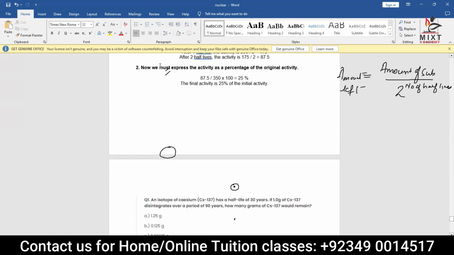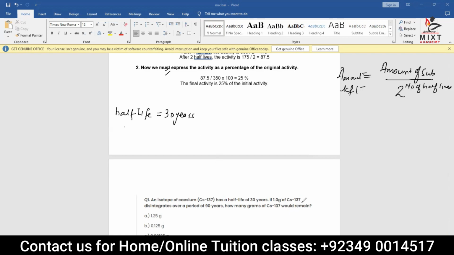I want you to copy these questions from here. They say that an isotope of cesium, CS137, has a half-life of 30 years. If 1 gram of CS137 disintegrates over a period of 90 years, how many grams of cesium 137 would remain? In these kinds of questions, you first write the data. The half-life is given, which is 30 years.